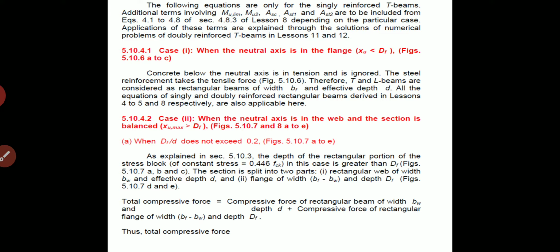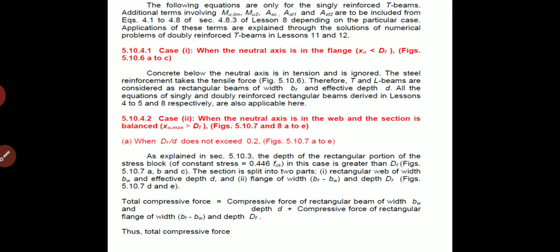Additional terms involving Mu limit, Mu2, area of steel on the compression side and area of steel on the tension side are to be included from the equations depending on the particular case. Applications of these terms are explained through the solution of numerical problems of doubly reinforced T-beams.